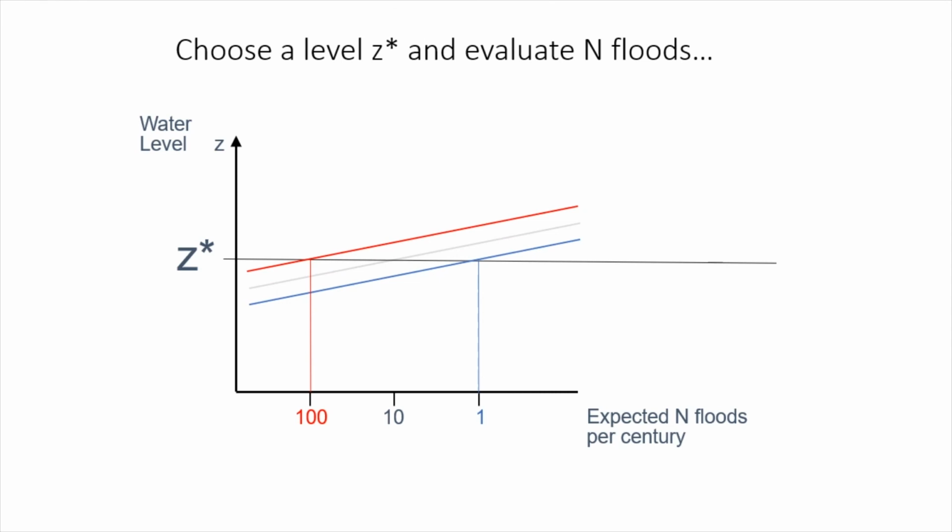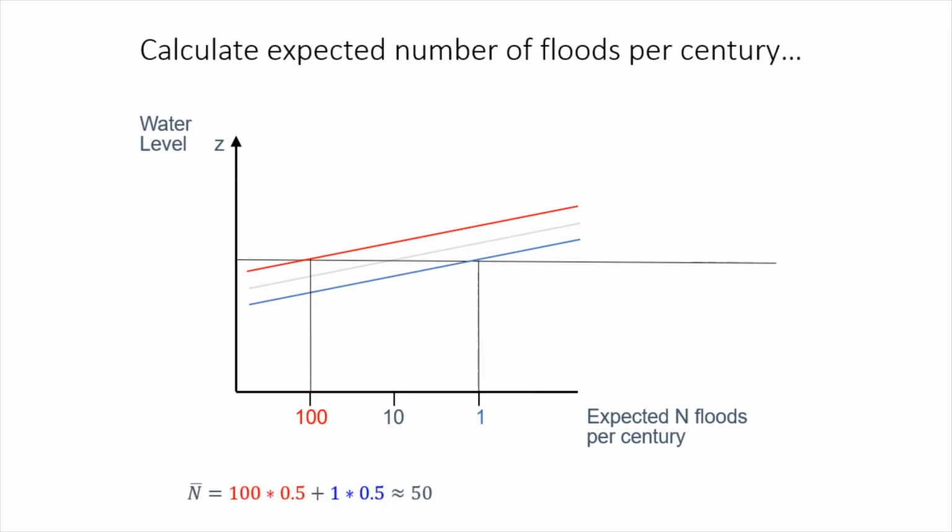We can choose a level, let's call it Z star, and evaluate the expected number of exceedances per century under each of the two projections: 1 exceedance in the low case and 100 exceedances in the high case. Weighing each projection by its probability, we calculate the overall expected number of exceedances, about 50.